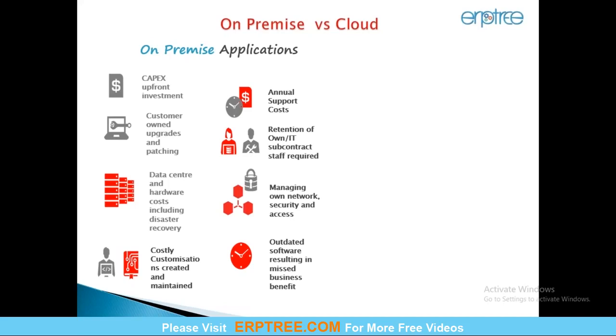And there are customer-owned upgrades and patching: in the case of an on-premise application, you as the customer have to own the upgrades and patching, so Oracle or other service providers would not be involved in that. And the data center and hardware costs, including disaster recovery, you will have to own as well.